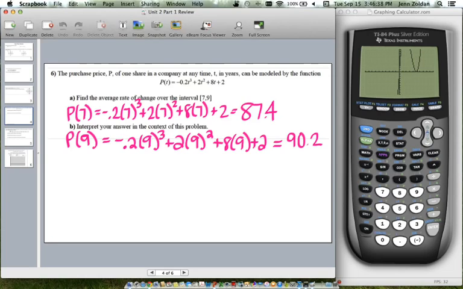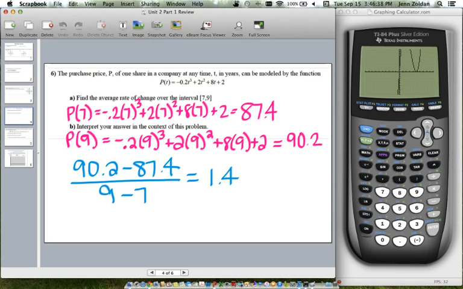90.2. Okay, now to actually find the rate of change, which I'll do in blue, you're going to take your second one. So 90.2 minus your first one, which is 87.4, divided by your interval, so 9 to 7. So let's calculate that. So 90.2 minus 87.4 over 9 minus 7 gives me 1.4.